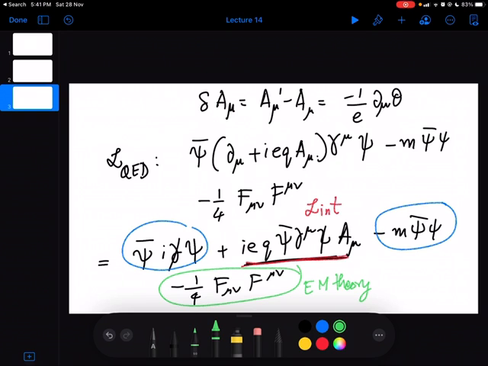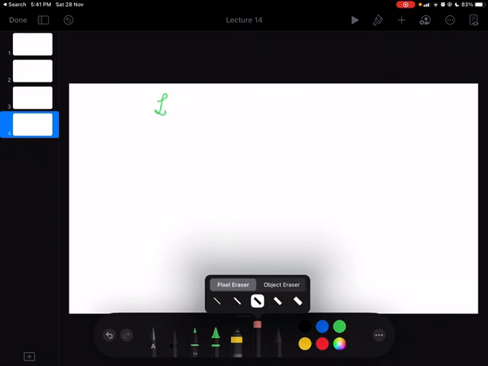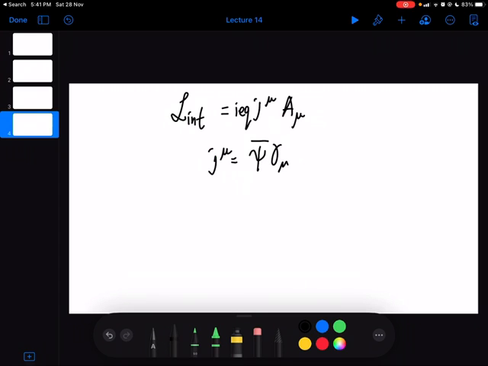So you have L interaction. There is only one interaction of the electrons with photons, and that L interaction, exactly like what I said earlier, is always a current interaction. So it is like J mu A mu times e q. So q you can absorb in J mu if you want. So this J mu is psi bar gamma mu psi.